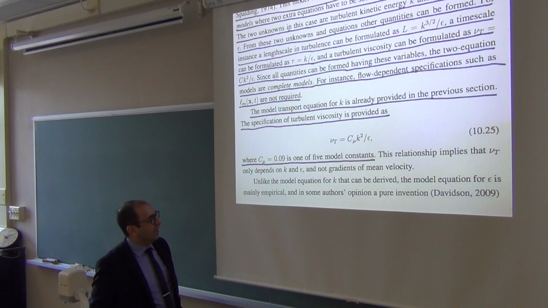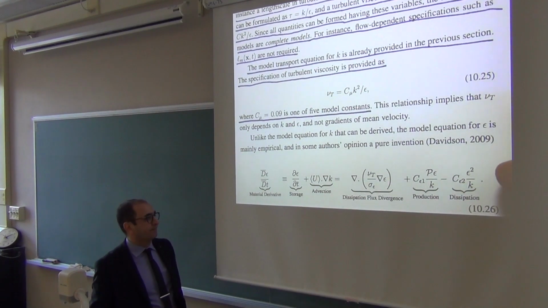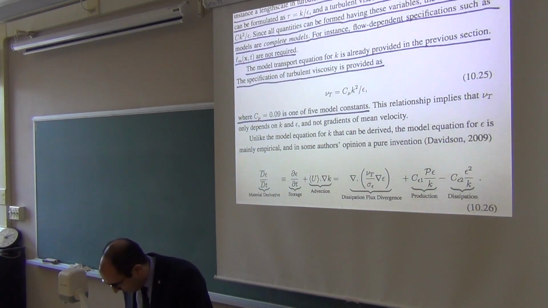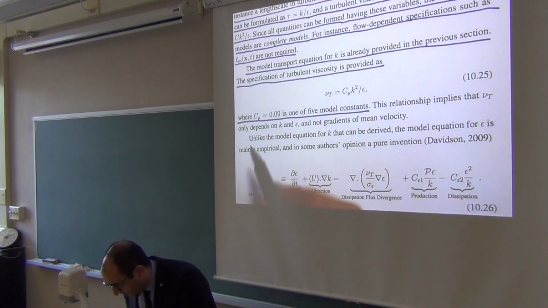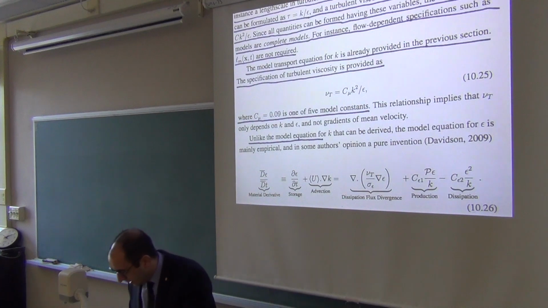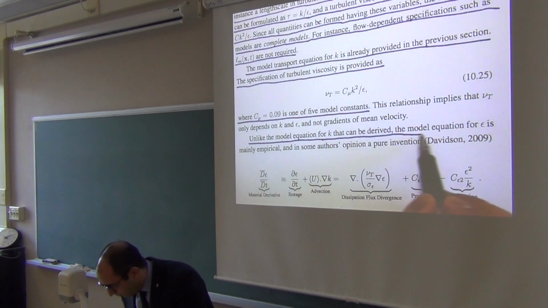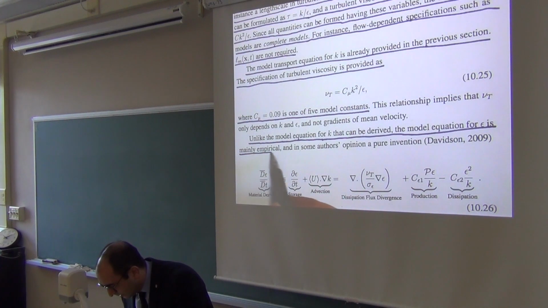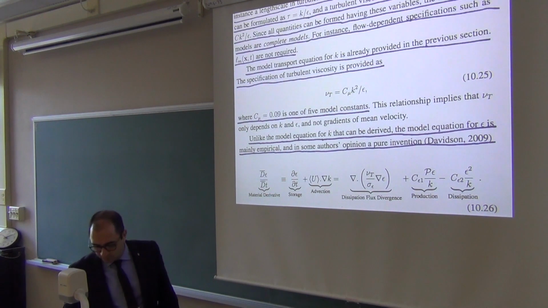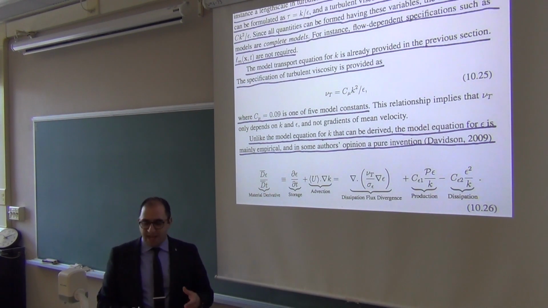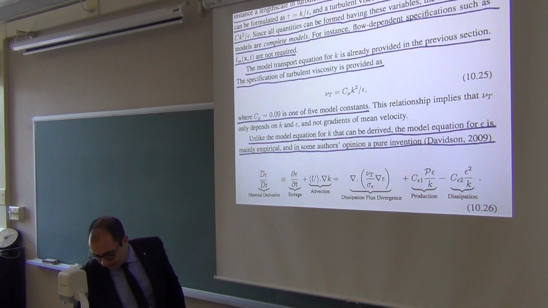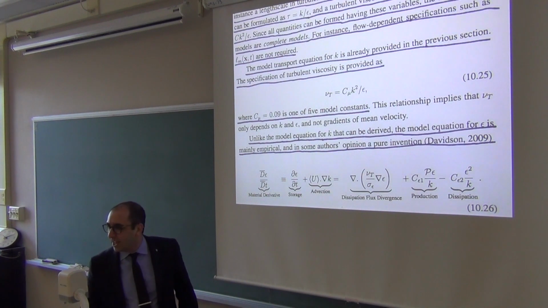However, for epsilon, we do have an equation. And here it is. But the surprising fact is you can somehow derive a transport equation for K, but you cannot derive a transport equation for epsilon. So this is really only an empirical equation. So we are saying that like kinetic energy that could be advected, diffused, consumed, generated, and so on, so can dissipation rate be transported.